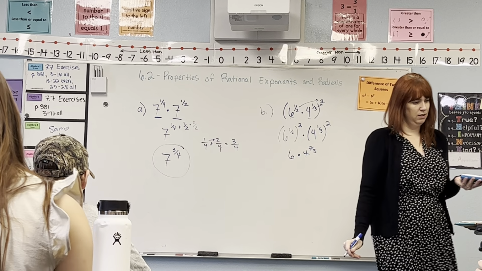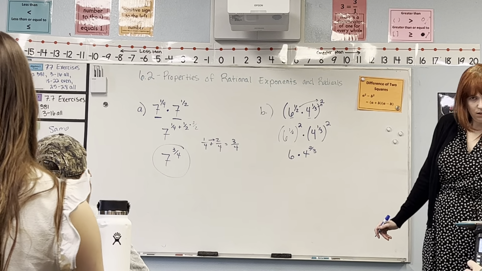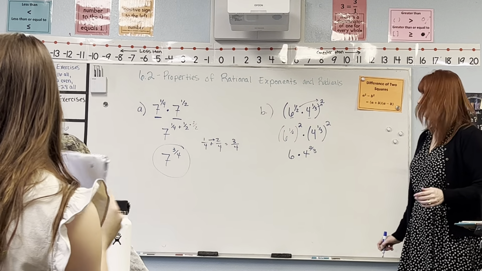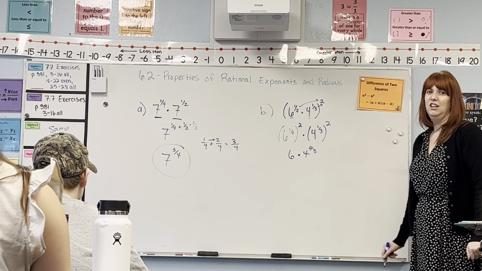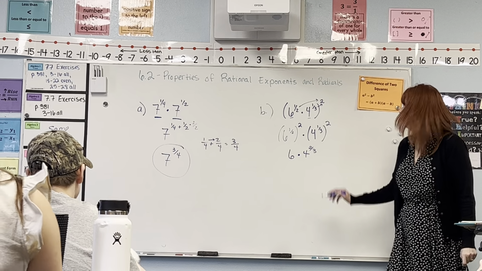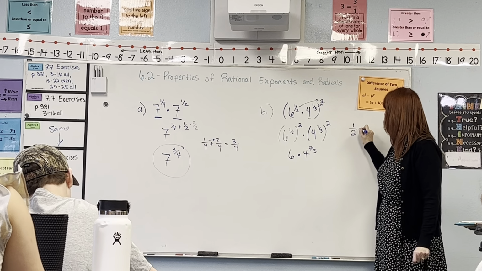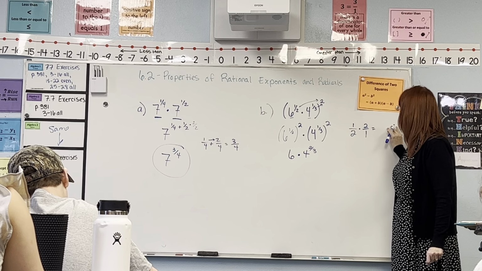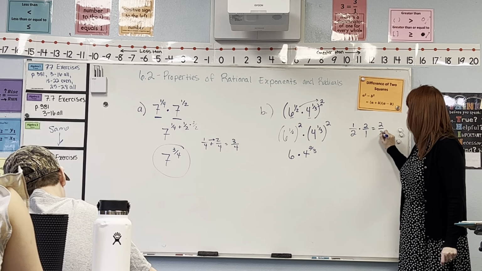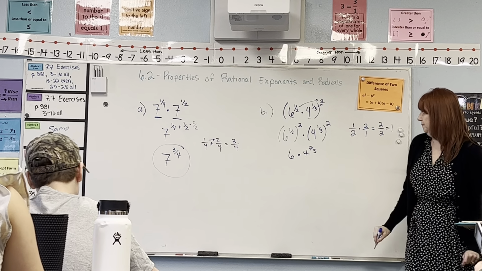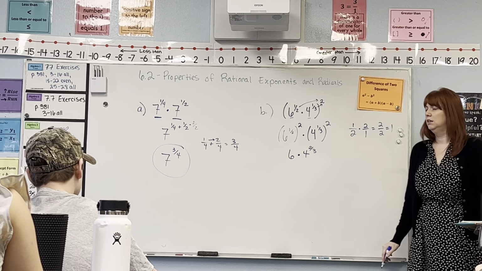Wait, what? How did the 1/2 times 2 become 1? Because 2 is 2 over 1, so if you just do it across, straight up multiply, 1/2 times 2 equals 2 over 2, which equals 1. You multiply straight across.